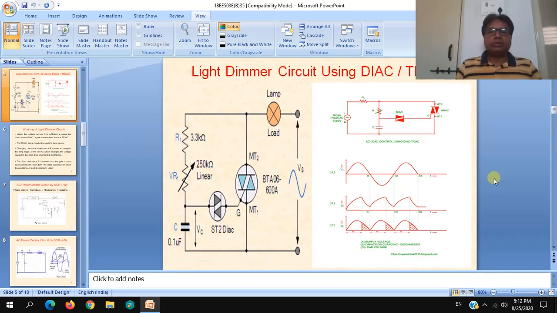In this slide is shown a particularly designed light dimmer circuit, where the single phase AC supply is given, and the lamp is connected in series.